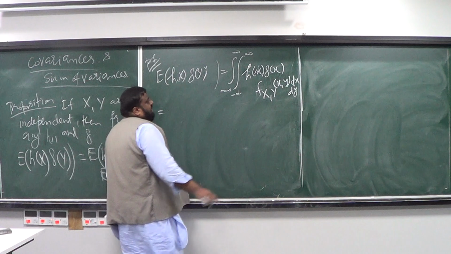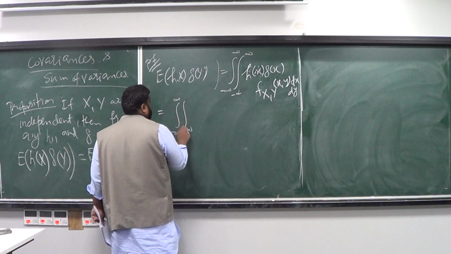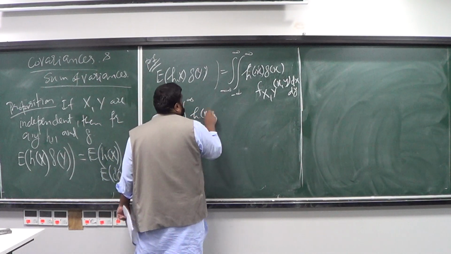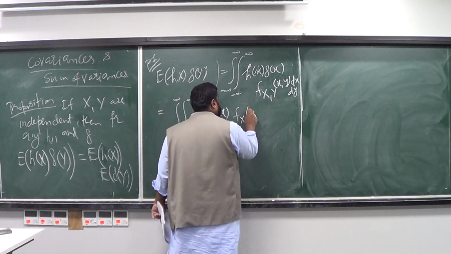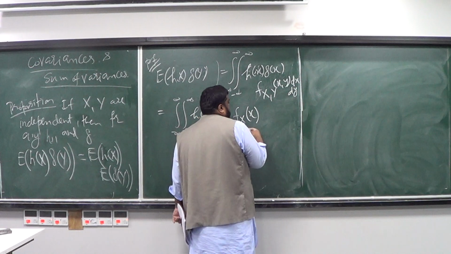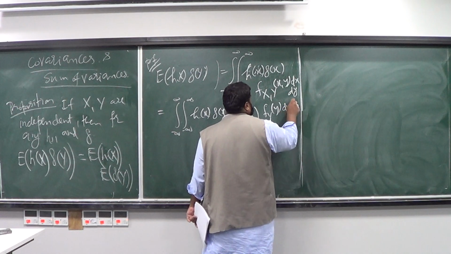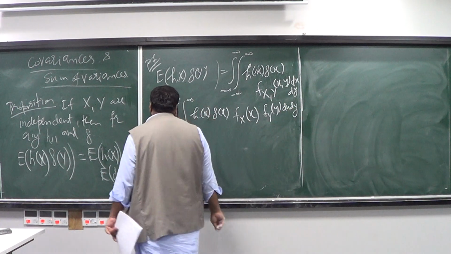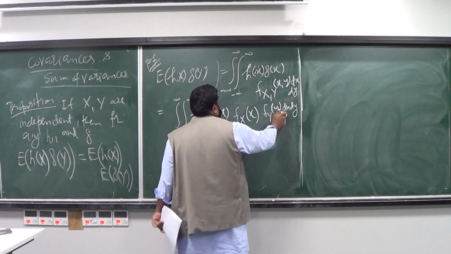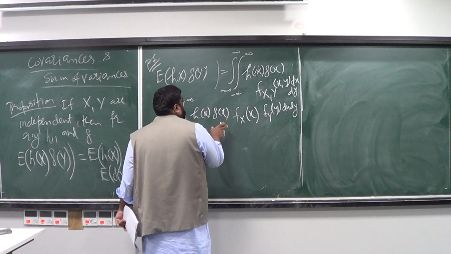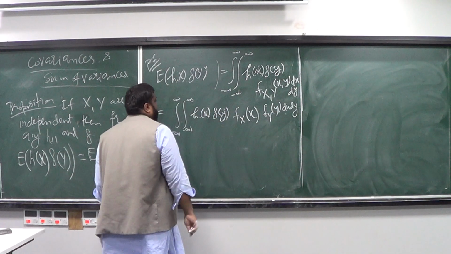Now, since X and Y are independent of each other, in the integral from minus infinity to infinity of h of x times g of y, the joint PDF is basically the product of the marginals, the PDFs of X and Y: f_X of x times f_Y of y, dx and dy. In fact, the first integral is with respect to x, so the functions of y are like constants.